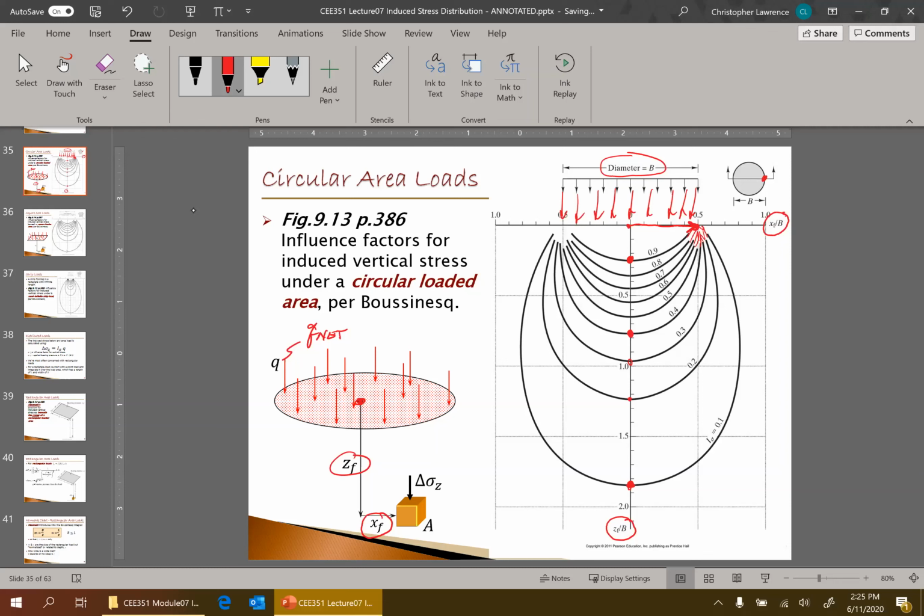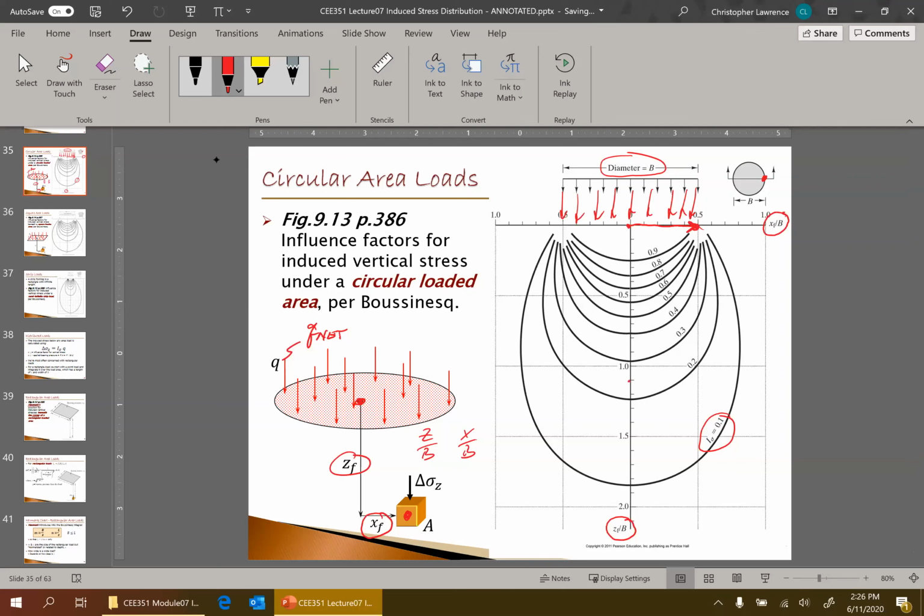So how do you use a chart like this? You have to interpolate between the lines, just like reading between grid lines. What we're looking for is the influence factor. If I know the diameter of my circular load B, the depth to the point of interest, and the lateral distance to the point of interest, then I calculate my Z over B and my X over B. Let's say Z over B happens to be 1.1.